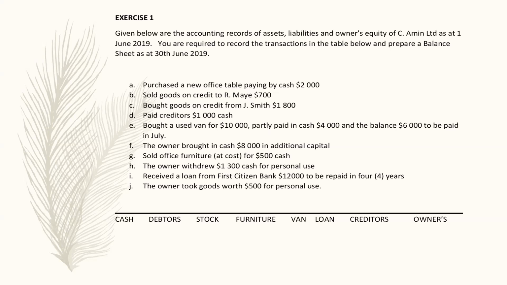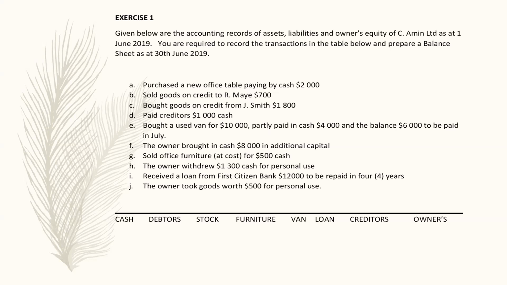So the owner took out $500 in goods. Your stock is going to be reduced by $500, so under the stock column it's a minus $500. And of course, it's going to affect your owner's equity, minus $500.